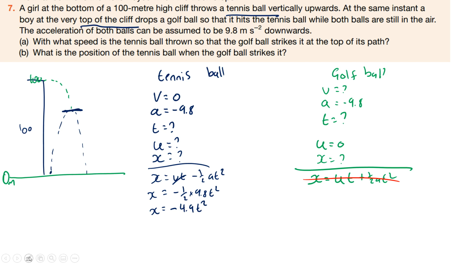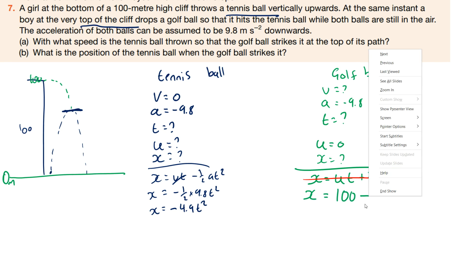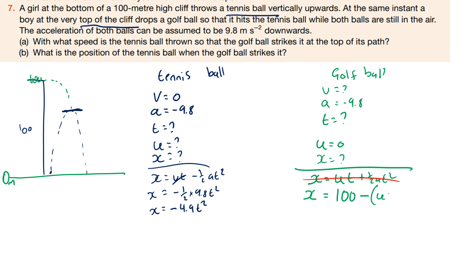Our displacement is going to be x equals 100 minus ut plus a half at squared, because this value here is the distance fallen.